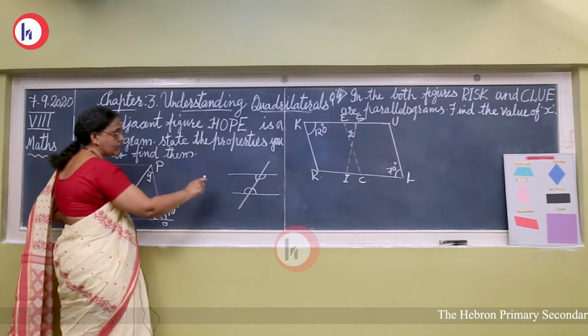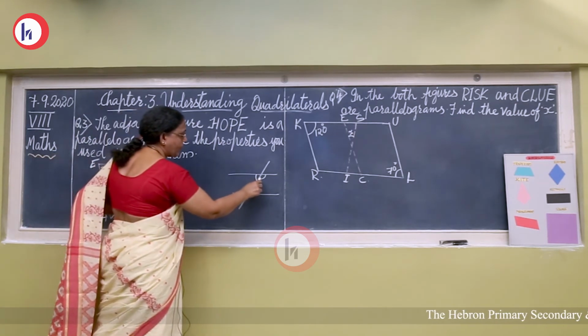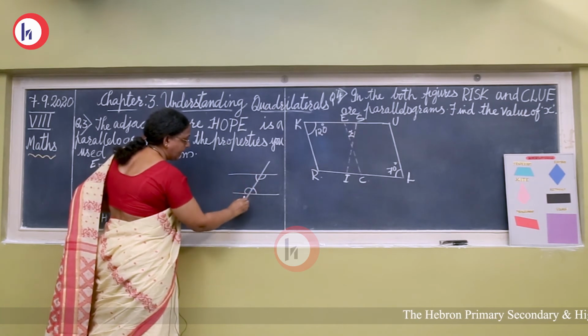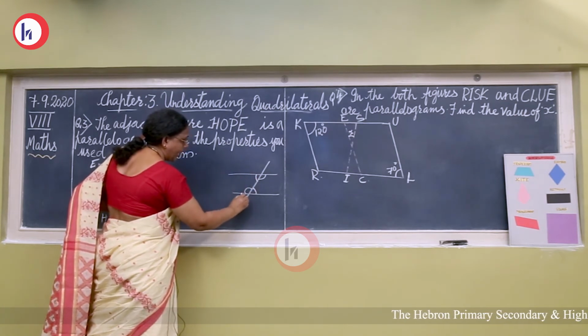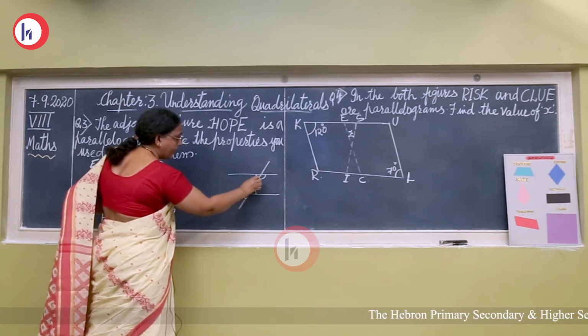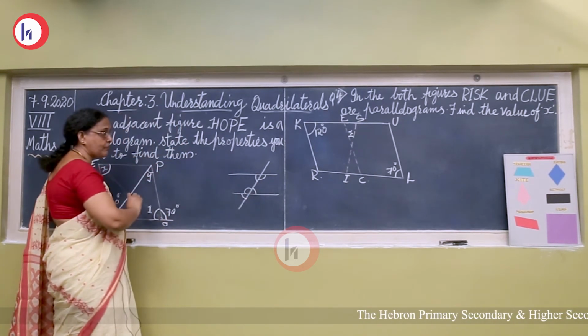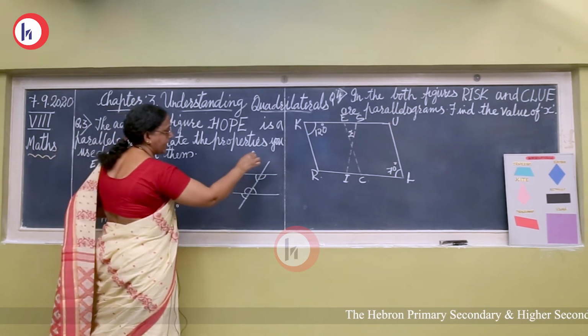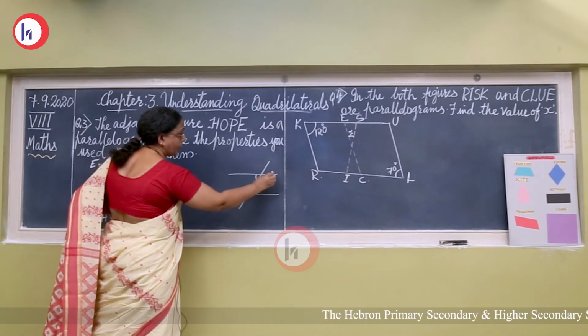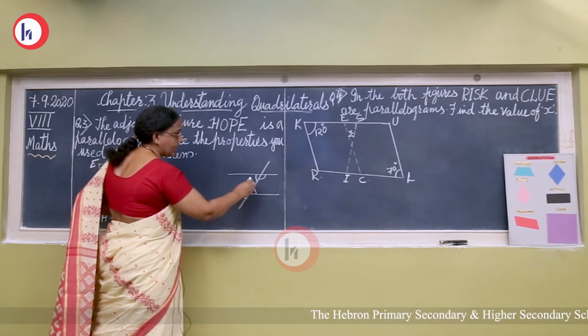And one more type of angles you have also learned. What do we call these just below? One is below the line, the other one is also below the line. Does anybody remember that these two angles have another name? They are known as corresponding angles. So when a transversal intersects two parallel lines, which angles are formed?